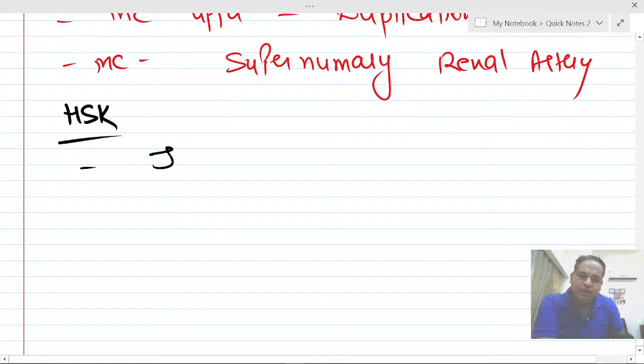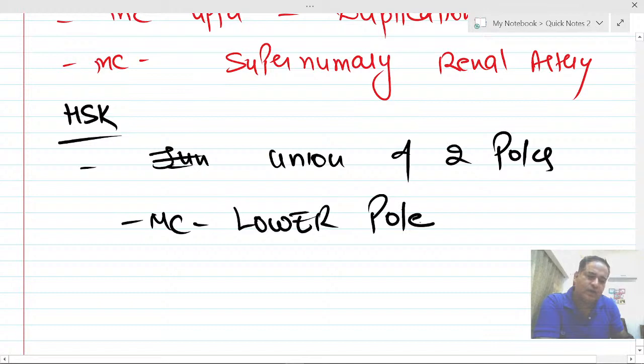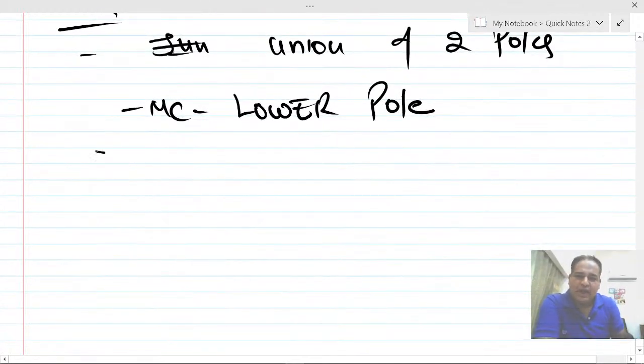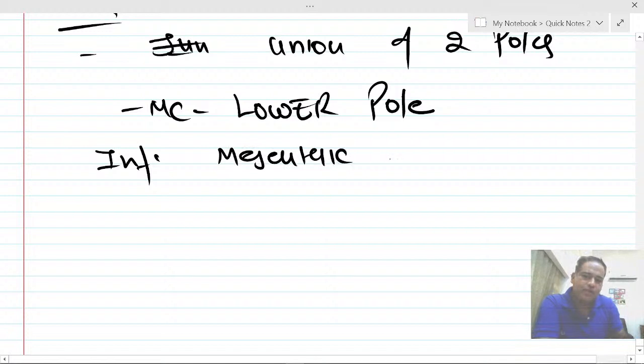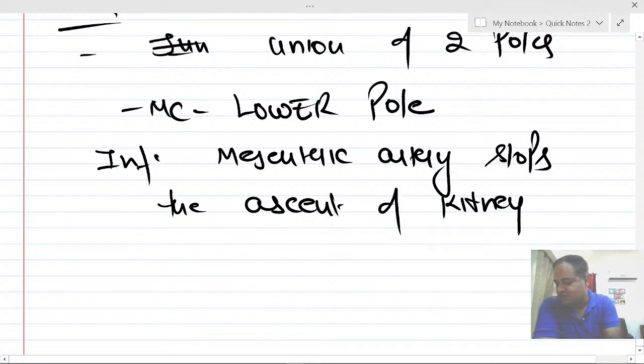Horseshoe kidney. It occurs due to union of the two poles, most commonly at the lower pole. The inferior mesenteric artery stops the ascent of the kidneys.